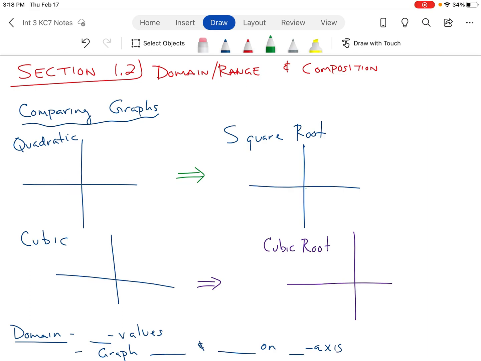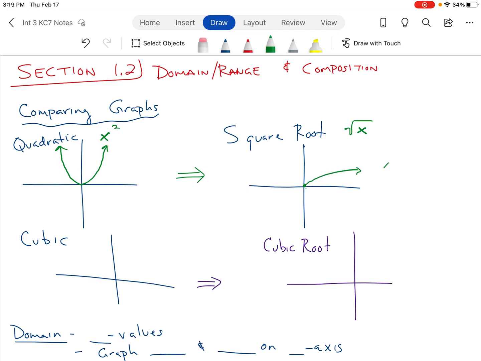A quadratic function is a function that has x squared. And that function looks like a U if I graph it. Now the square root of x is the reverse, or the inverse, of x squared. Those graphs look like quadratics rotated.